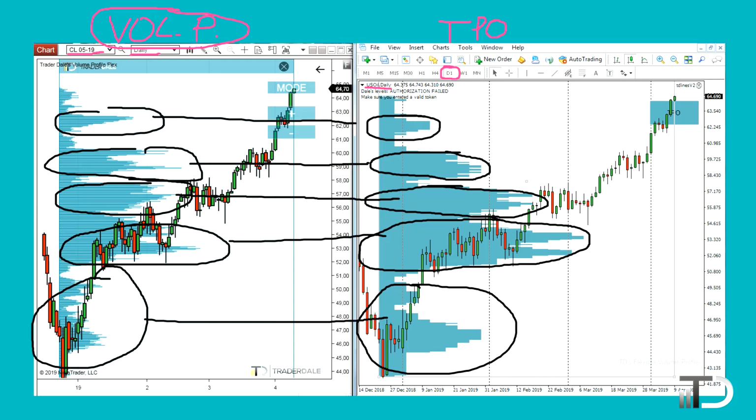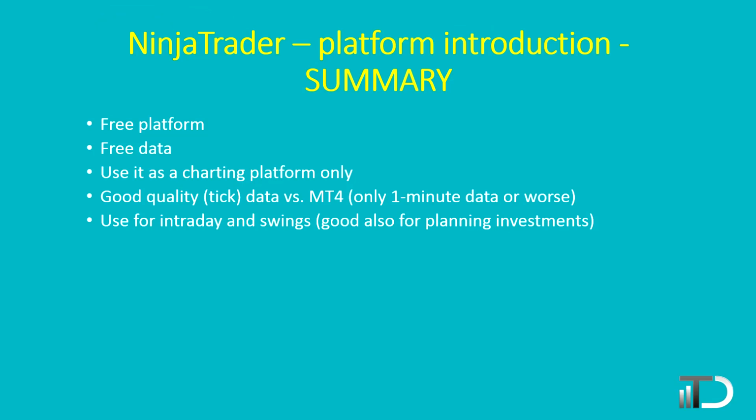Well, let me now do a very quick summary of this video and of the reasons why I prefer NinjaTrader over MetaTrader. NinjaTrader is a completely free platform with free data. I use it as a charting platform only. I trade with my own broker, but I use NinjaTrader for charting.